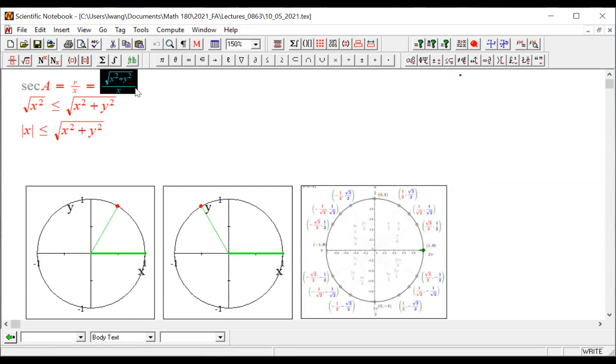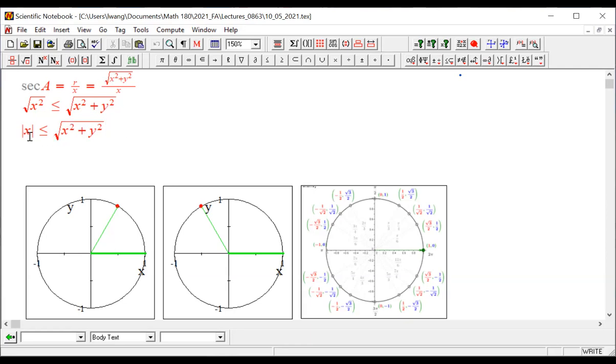Now, because we're trying to figure out the range, suppose x cannot be 0. From x cannot be 0, we already figured out the domain, because when x equals 0, those angles cannot be in the domain. So now our goal is to figure out the range. I'm going to give you the algebraic form, which I believe will help you in calculus class to manipulate these inequalities.